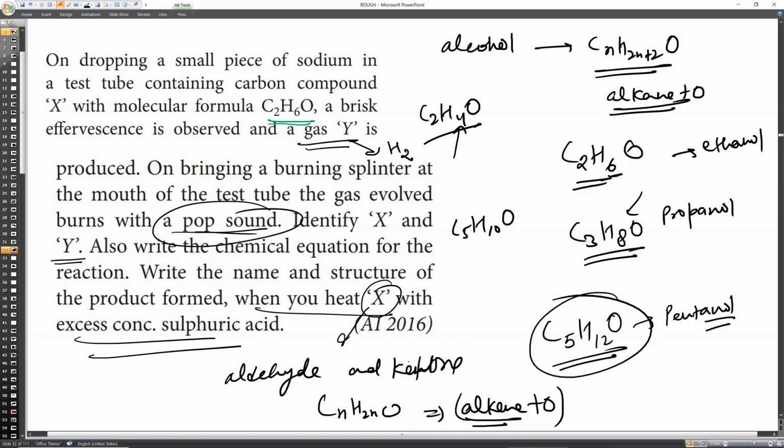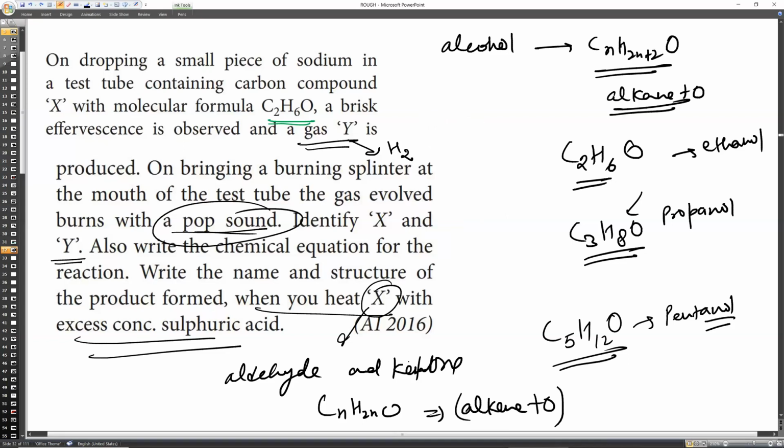Now you understood? The general formula is very important.